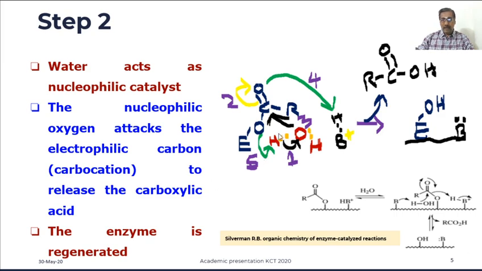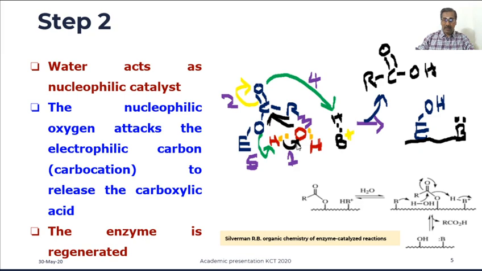You can see the structure of water projected in magenta color, HOH. Compare the electronegativity of hydrogen and oxygen. Again, the electronegativity of oxygen is very high, so the electron that belongs to hydrogen will be grabbed by this oxygen, making this oxygen a nucleophile.